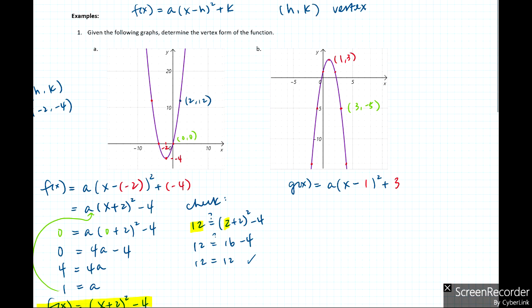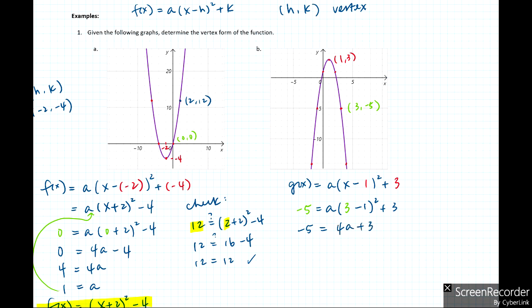And when y equals negative 5, that's the output. So I want g of x to be equal to negative 5, and that's equal to a times (3 minus 1) squared plus 3 over here.